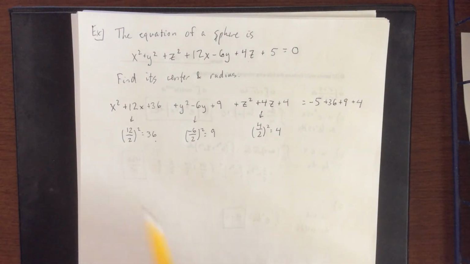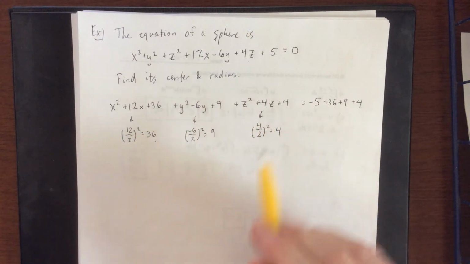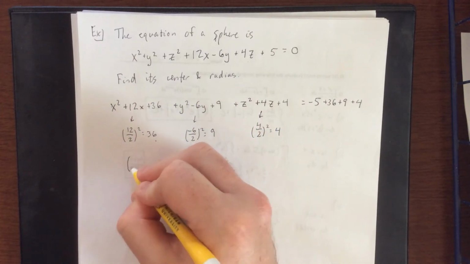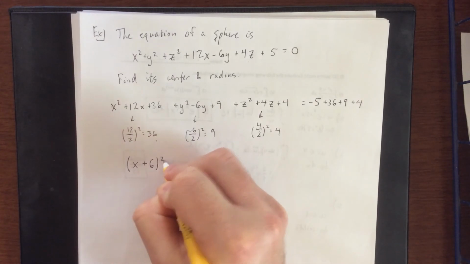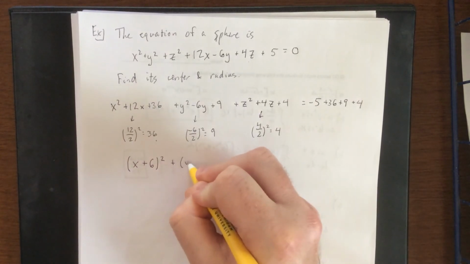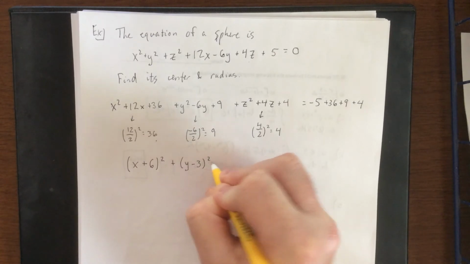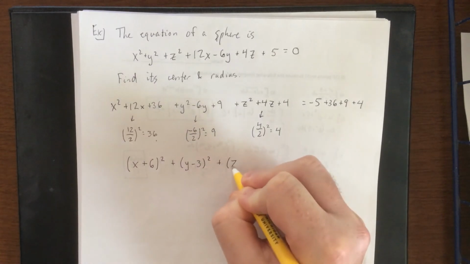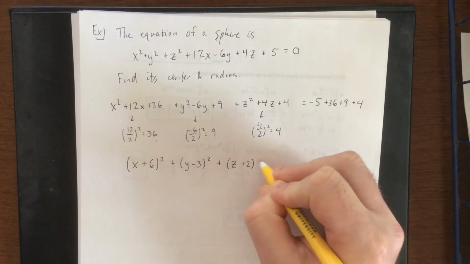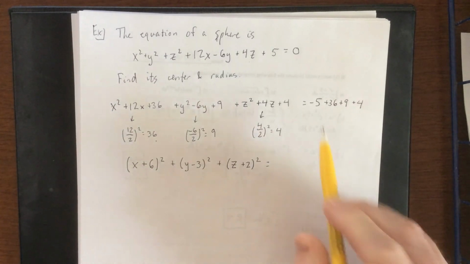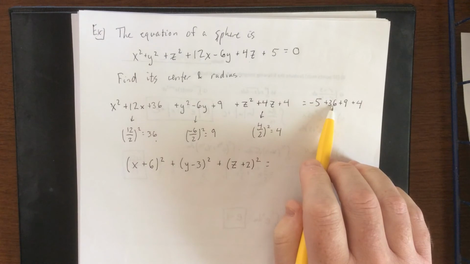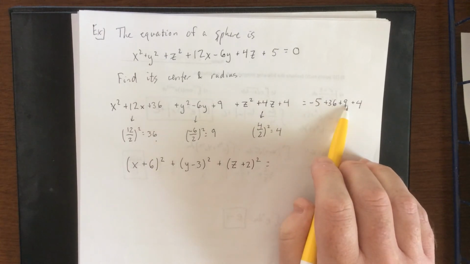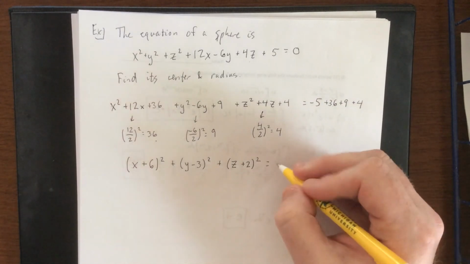So what we're going to do from here is complete the square. Well, the squares are now completed, so now we can factor appropriately. This would be x plus 6, quantity squared, plus y minus 3, quantity squared, plus z plus 2, quantity squared. Taking this negative 5 plus 36, that would be 31, plus 9 is 40, plus 4 is 44.